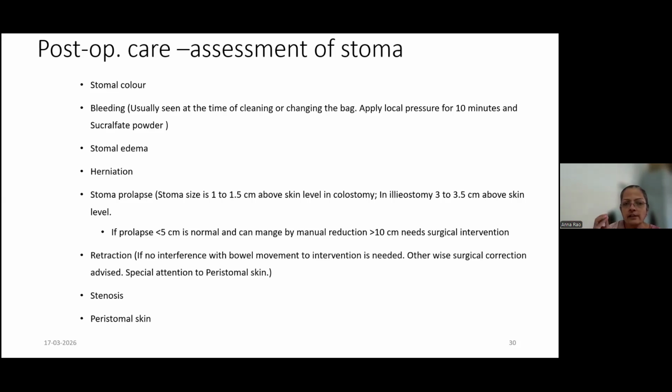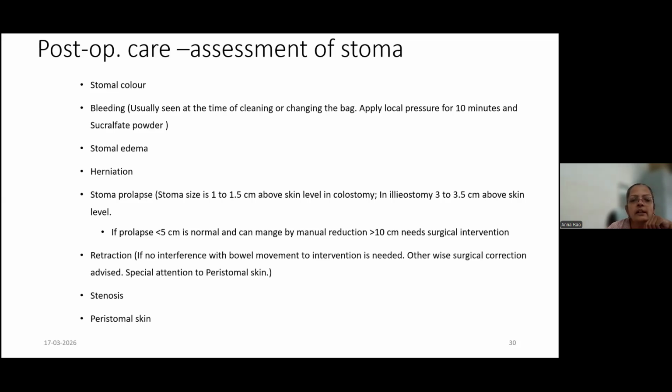If there is stoma prolapse, 1 to 1.5 centimeter above the skin level is okay. Generally in an ileostomy, it comes to around 3 to 3.5 centimeter above the skin level. If prolapse is more than 5 centimeter, then one needs to be cautious that it may not increase even more.